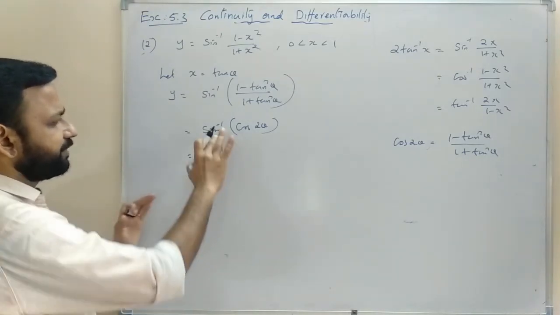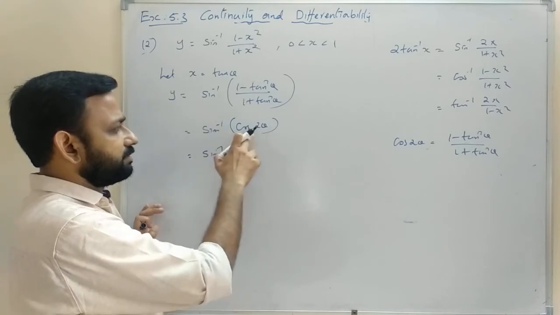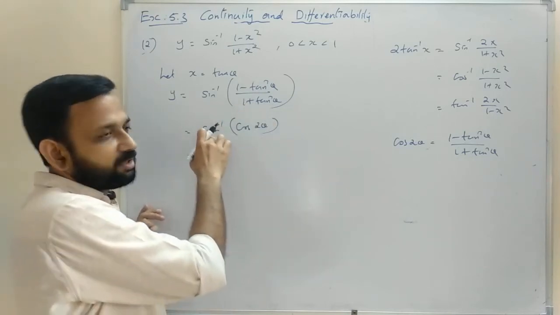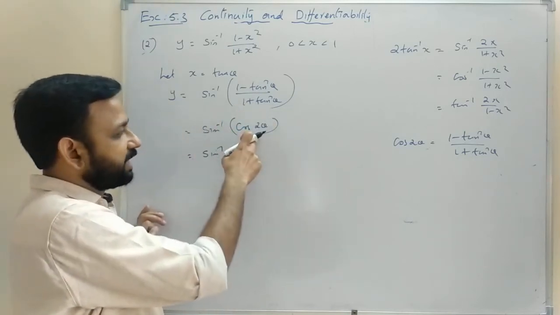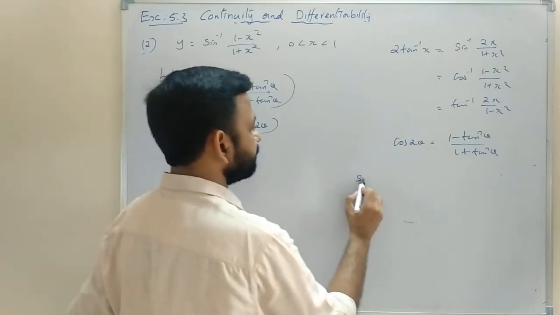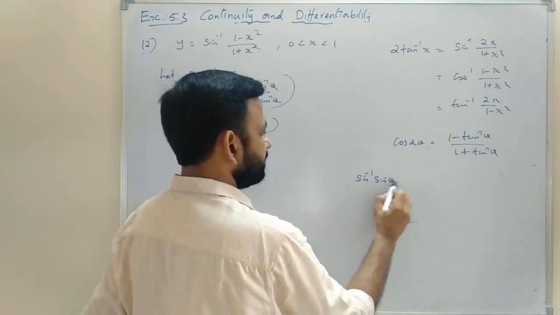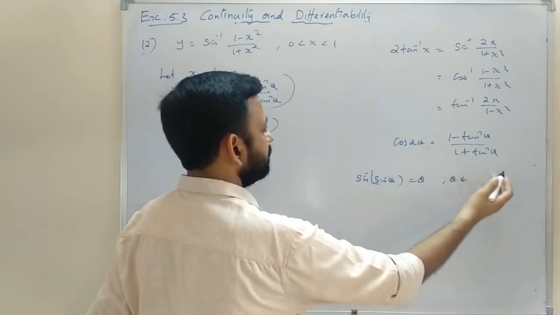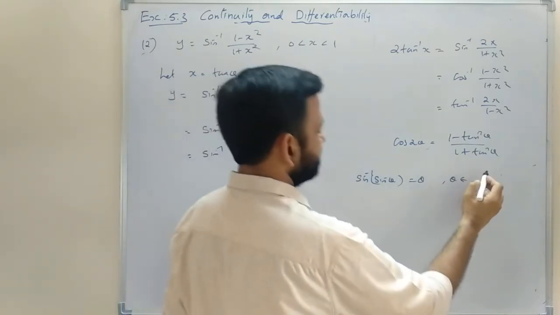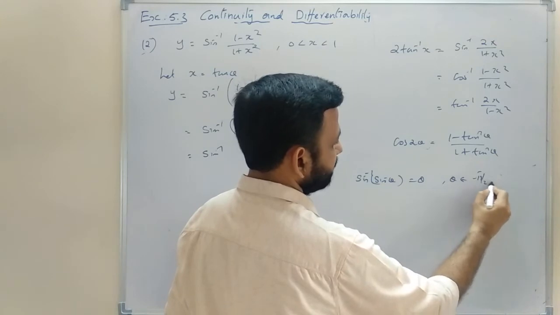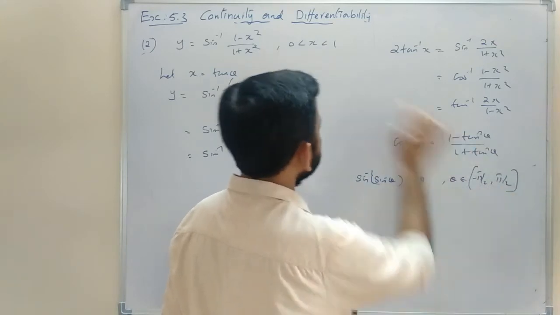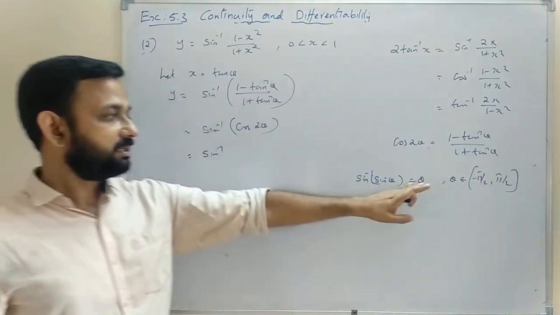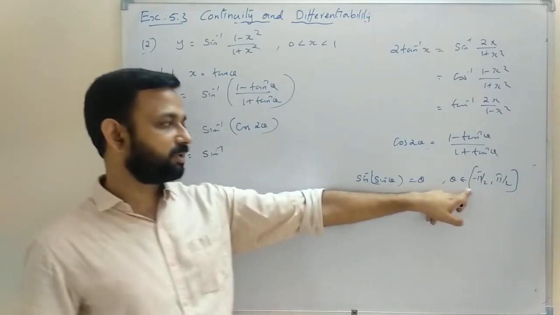So we need to convert this expression in terms of sin theta. Sin inverse sin theta is equal to theta when theta belongs to the principal value branch, that is minus pi by 2 to pi by 2. Here we will not verify whether 2 theta lies in this interval or not.